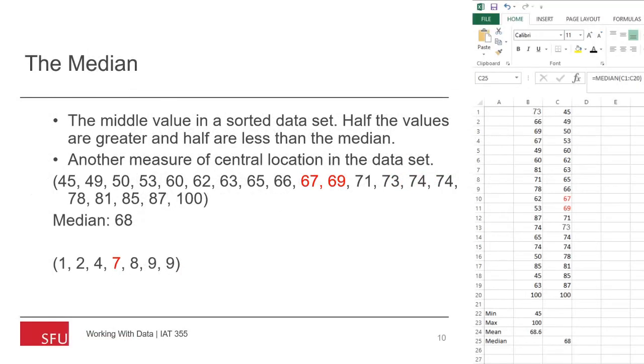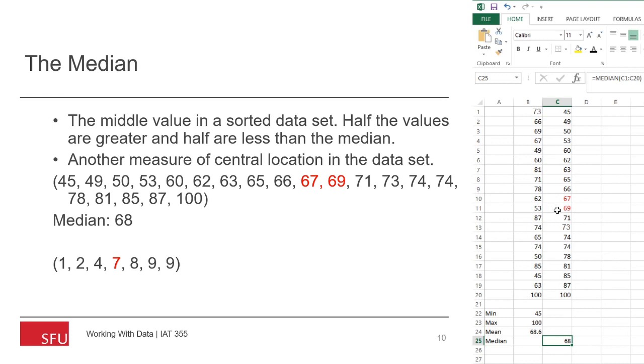So here in our Excel spreadsheet, I now have the median identified, and the Excel call, as you can see here, is equals median. I have the same values here, but they've been sorted, and I've identified in red 67 and 69 as being the two middle values.